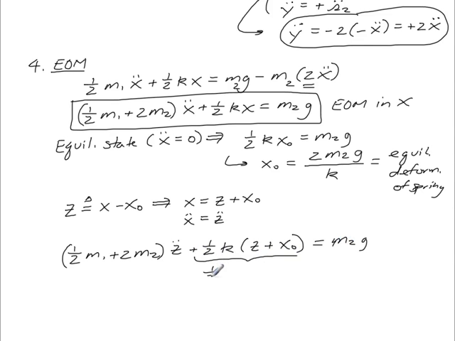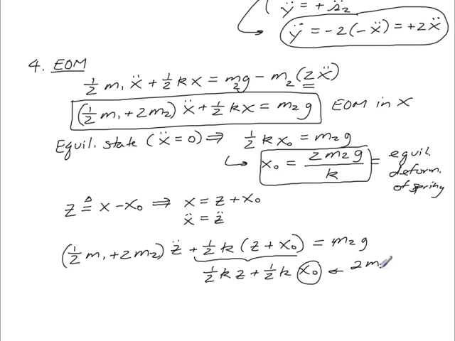This here is 1/2 kz plus 1/2 kx naught. Up here x naught was equal to this. This is 2 m2g over k. So we see that the k's cancel out, the 2 cancels out with the half, and what we have on the right hand side will cancel out with what's left there.